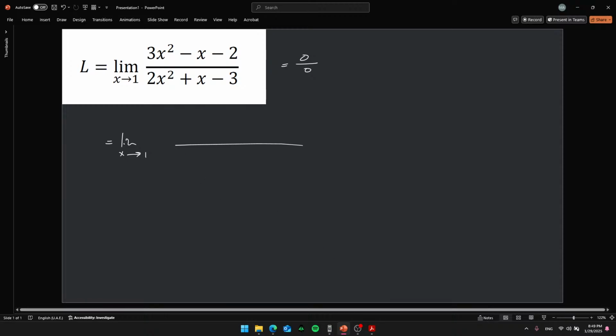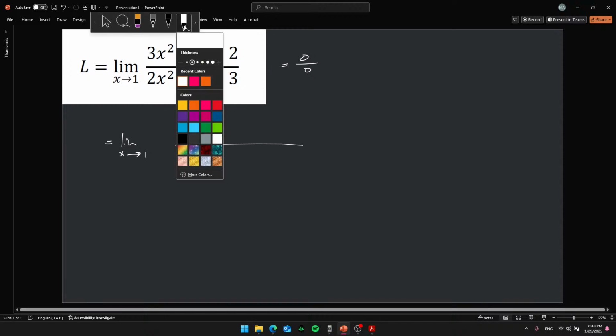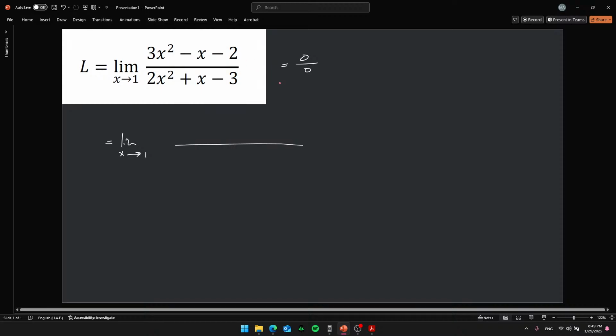Now, if you want to solve this with your calculator and you don't know how to factor this kind of expression, because the x squared is multiplied by 3, you have to factor the 3 out first. So x squared minus 1/3x minus 2/3, right?